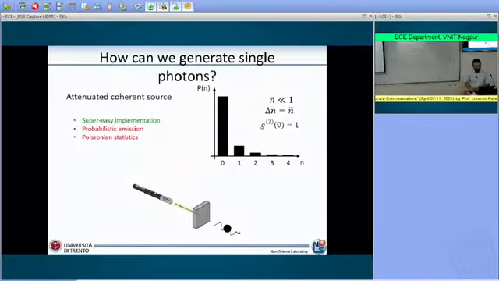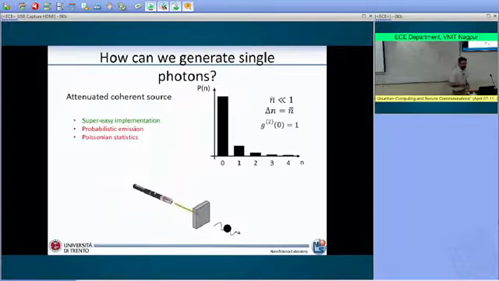So, the first way to generate single photons is to simply get a laser and then attenuate the laser. Okay? So this is a simple way. I reduce the number of photons coming from the laser to a level where I have only a few photons propagating.